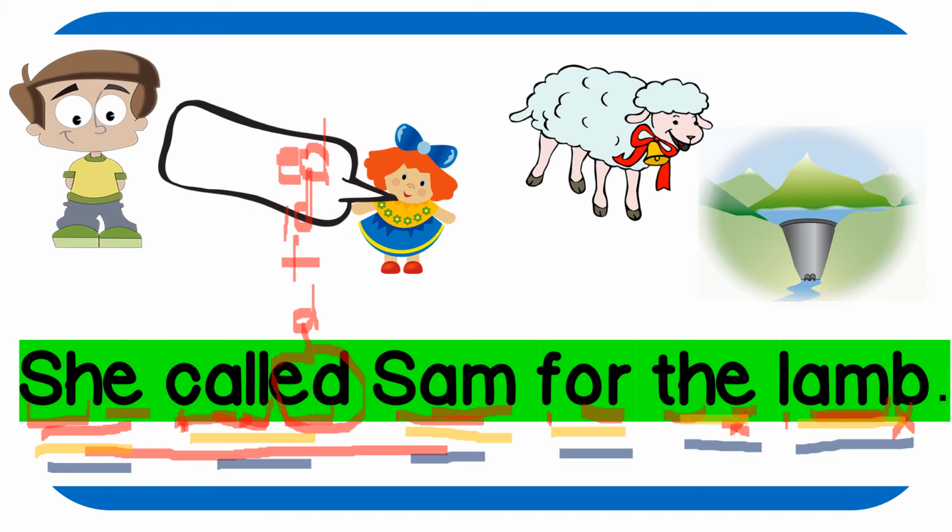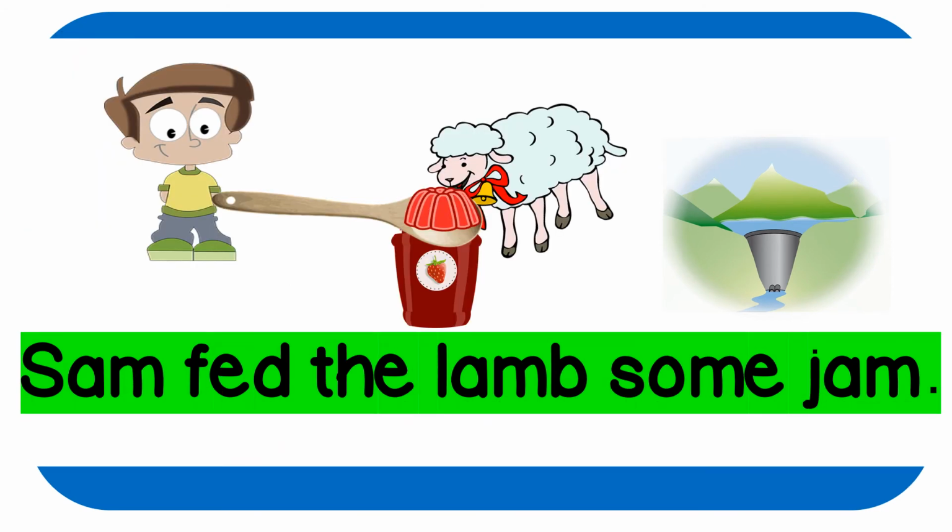All right, let's read the next sentence. Who did she call for the lamb? Can you find that person? It is Sam. Great job. Okay, let's look for the words now that have am. You should be very good at this now. Am.